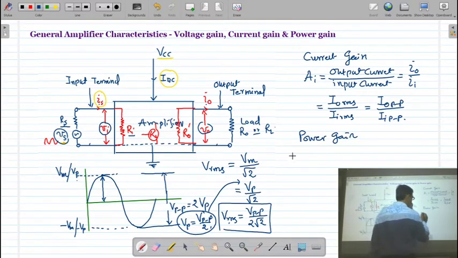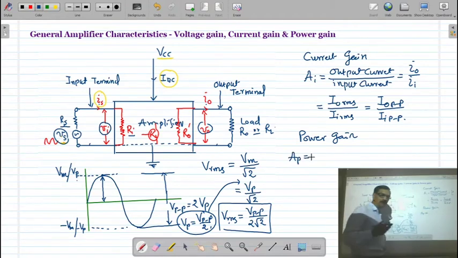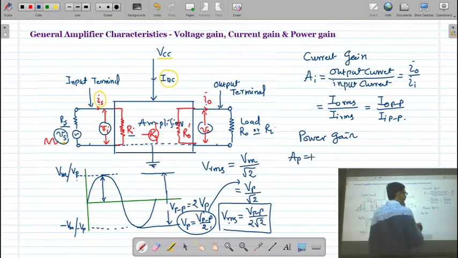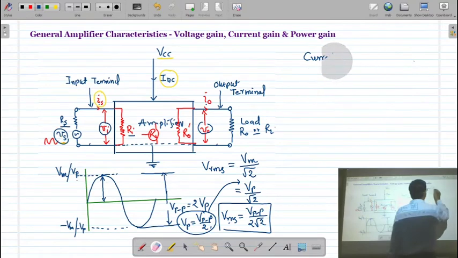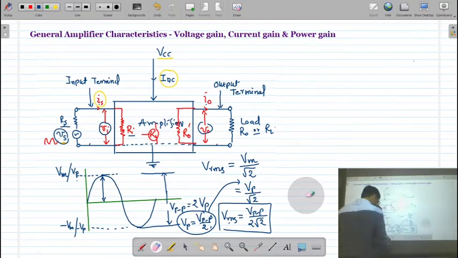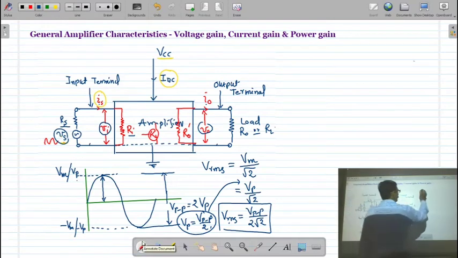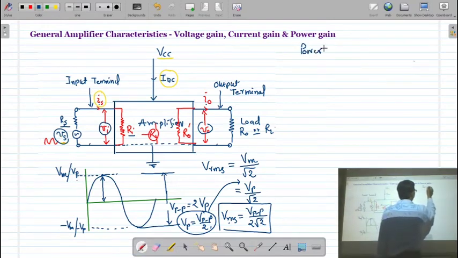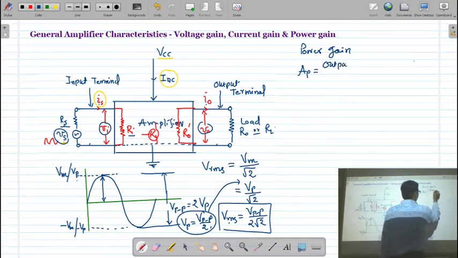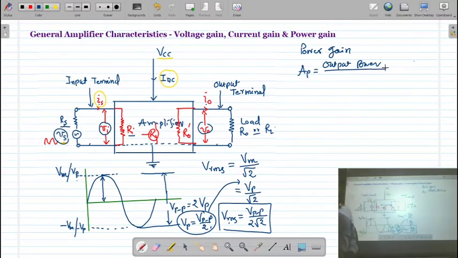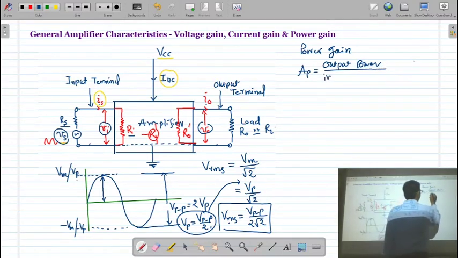Power gain means, as you already know, that is represented as AP, output power divided by input power. Okay, we will write: power gain is defined as AP is equal to the output power of the amplifier, or the output power delivered to the load resistance, divided by the input power given to the amplifier circuit.